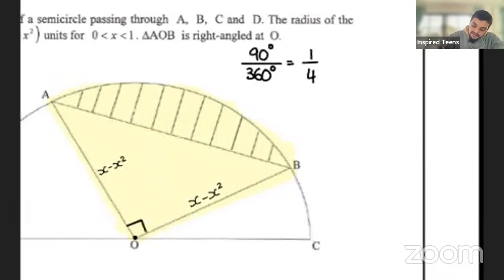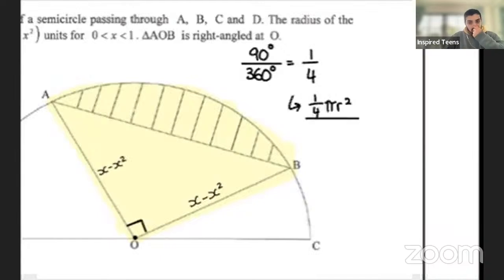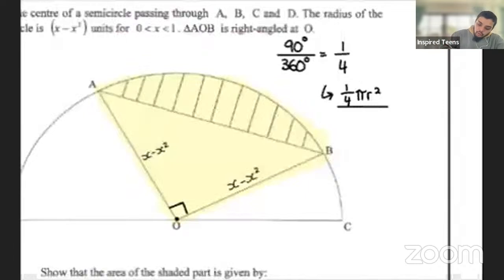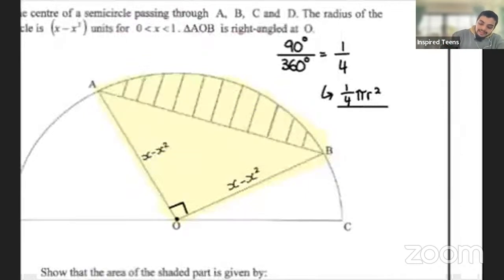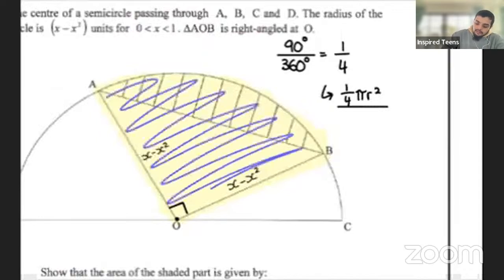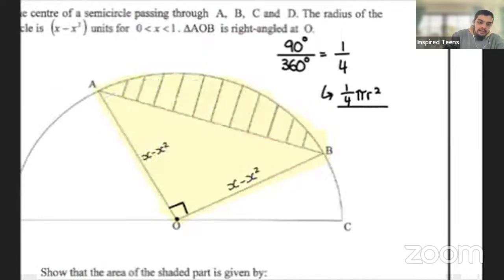So the area of the sector would be equal to a quarter times pi r squared, because the whole circle is pi r squared, that's the area of a circle, and a quarter of the circle is a quarter times pi r squared. So we can get the area of this entire sector. But now we don't really want the area of this entire sector.